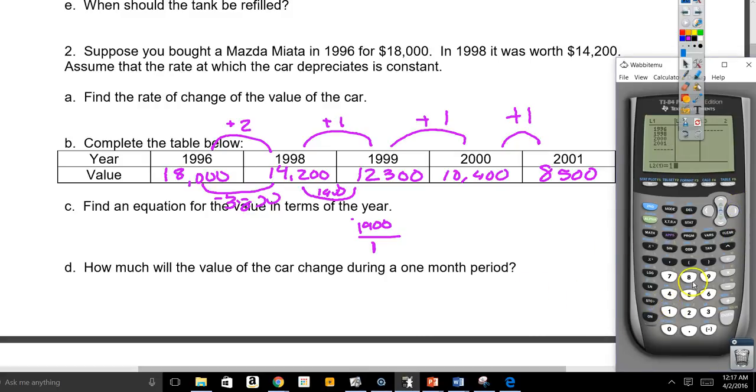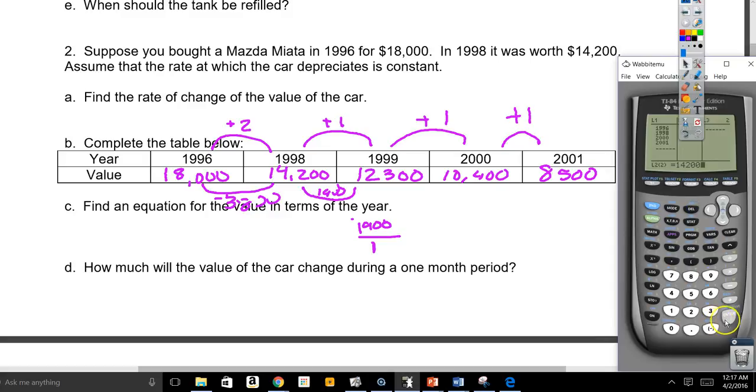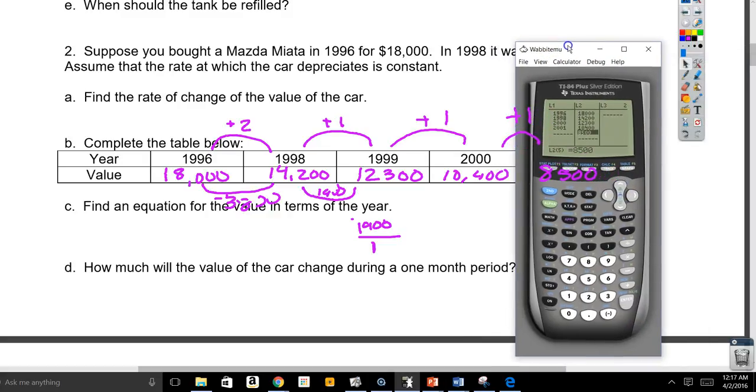Next one, oops, too many. Alright, 1, 2, I've done something wrong. 1996, 1998.